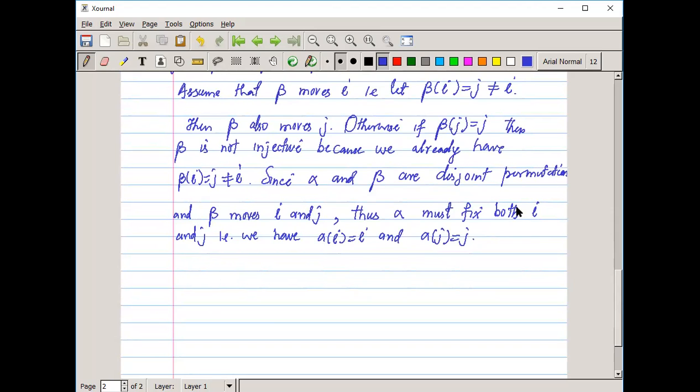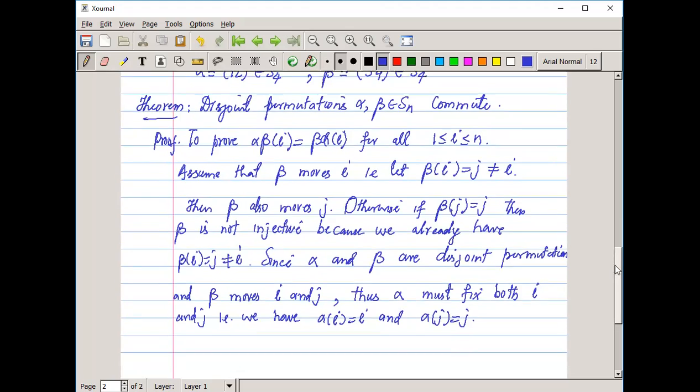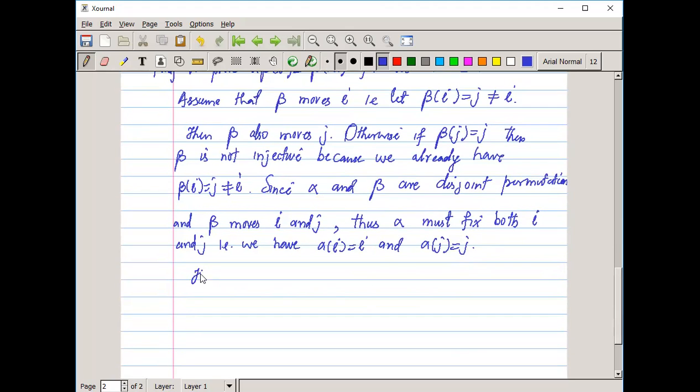Now let's proceed towards calculating alpha beta of i and beta alpha of i. So now we have alpha beta of i. Since alpha and beta are two elements of Sn, and Sn is the set of permutations, that is the bijective mappings, alpha beta of i means that we have to calculate the image of i under the composition of the two mappings alpha beta.